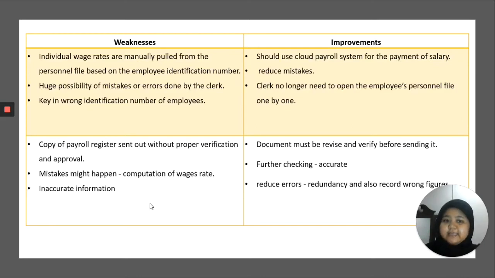The improvement is that the document must be revised and verified first before sending it to another person or department. Further checking must be done to ensure that the information is accurate, and it will also reduce errors made by the clerk and the department, such as reducing redundancy and recording wrong figures.